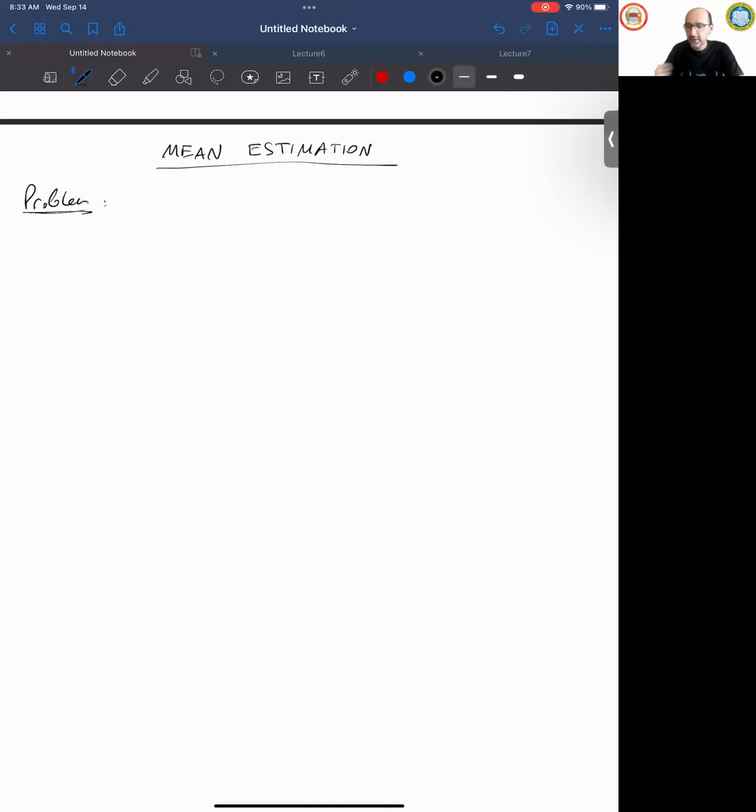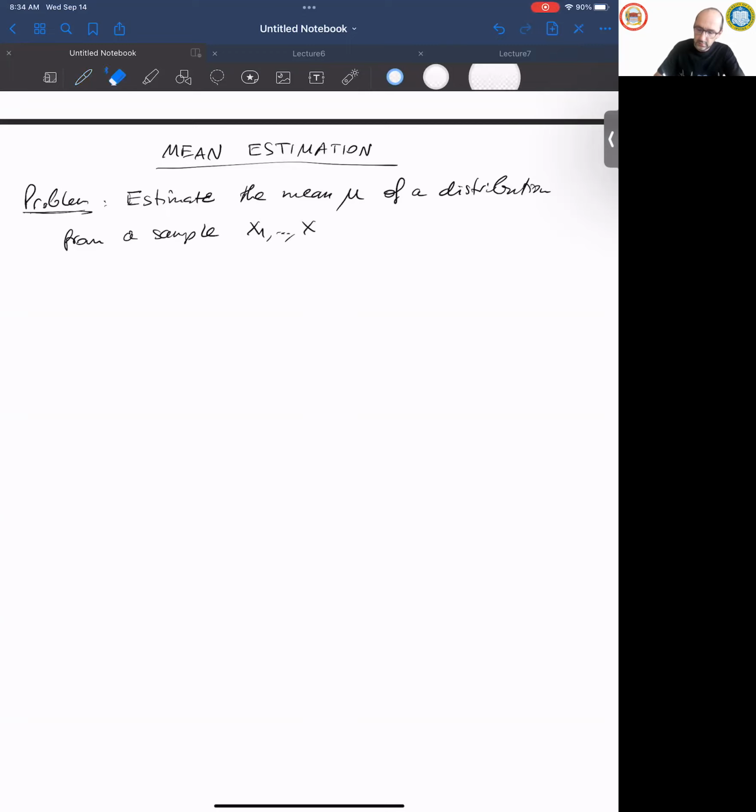We have a distribution with an unknown mean, and we would like to estimate the mean mu of some distribution, and you estimate it from a sample, let's say x1 through xn, that is drawn independently from this distribution.